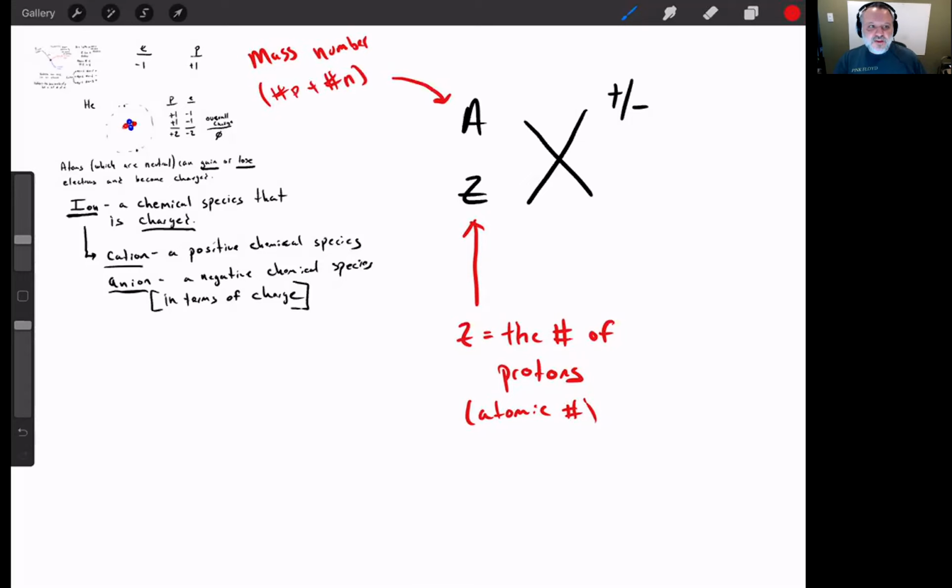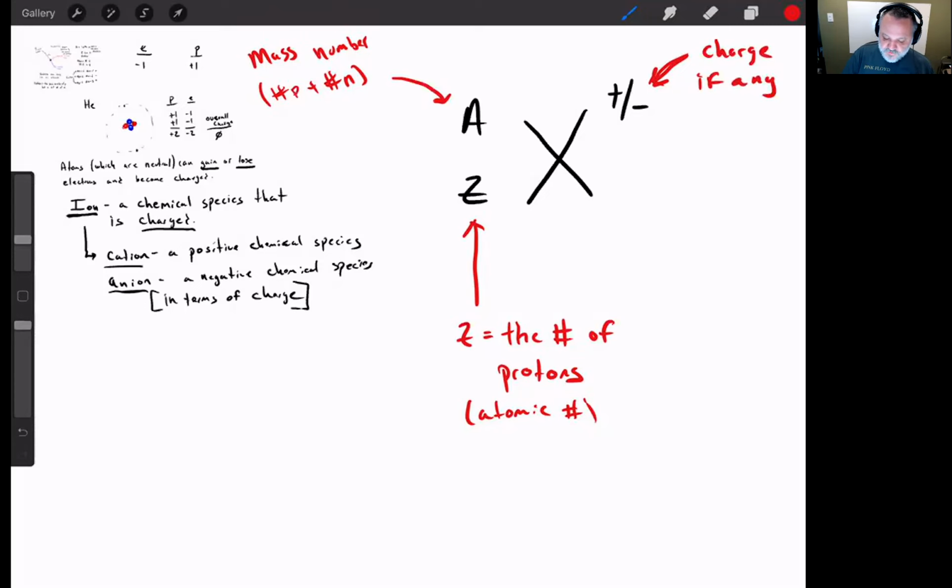So how could you figure out the number of neutrons that an isotope has? Well, you take A, the mass number, and you subtract from it the number of protons, and then you'll have the number of neutrons. And we'll go through an example. On this side, what I want to include is the charge, if any.